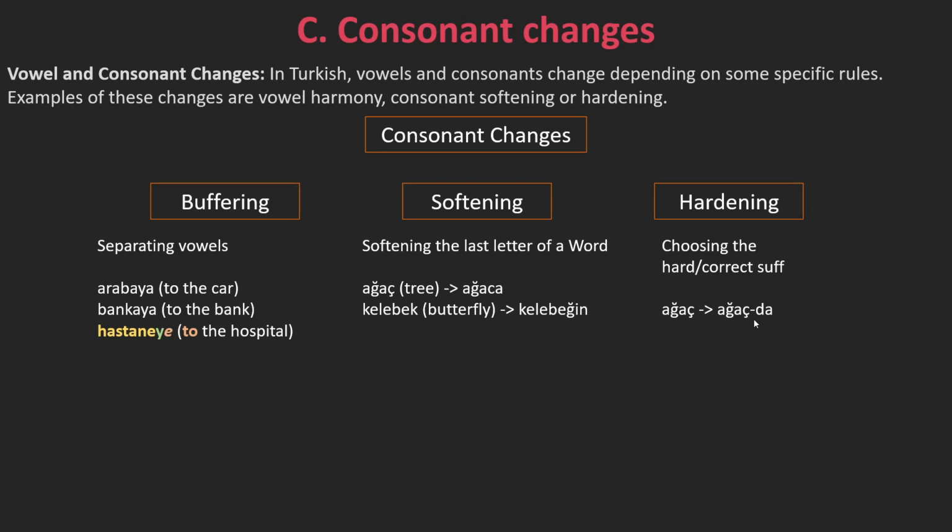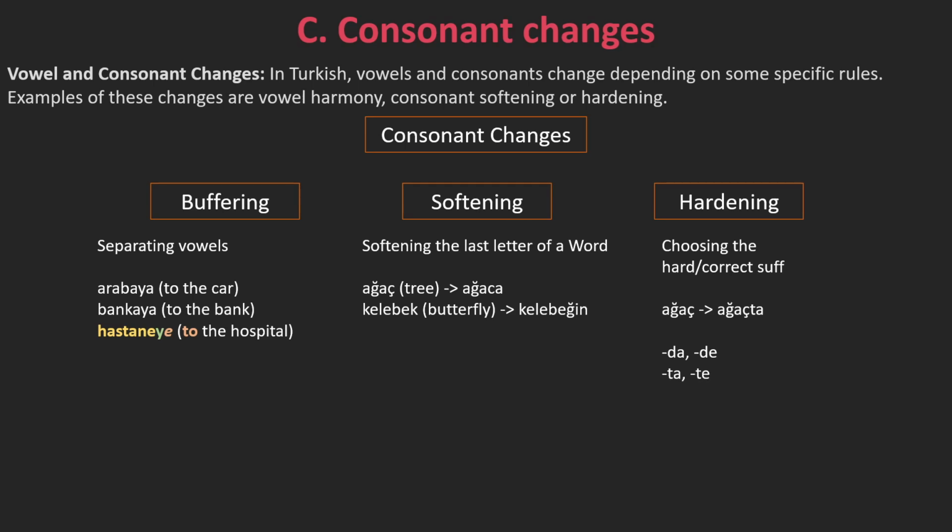So it changes or hardens this one. So instead of saying ağaçda, I need to say ağaçta. This will be useful when we learn about the locative case, because as I typed and deleted, there will be actually a set of four suffixes, da, de, and then ta, te.